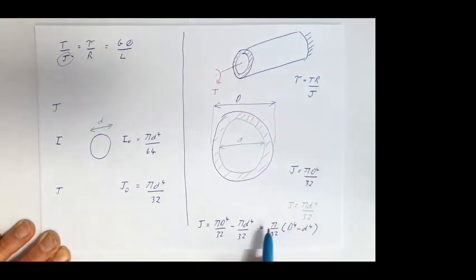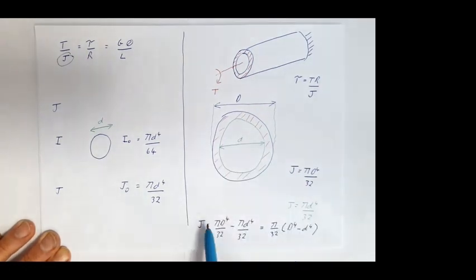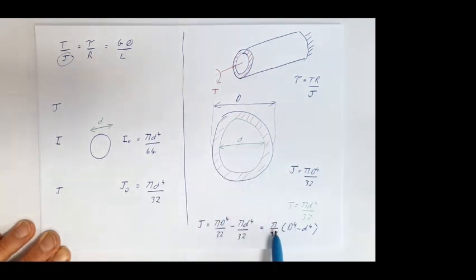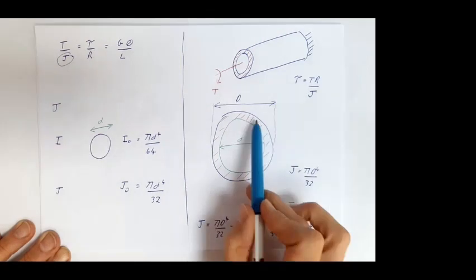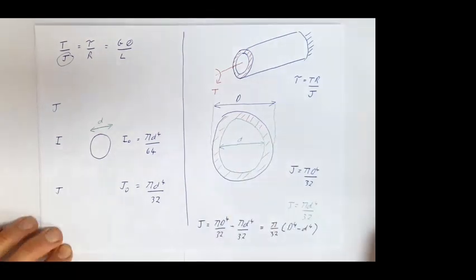So often we'll use the principle of superposition and simply say this: if we want to work out the second moment of area for our shaft, let's take the outside diameter, raise it to the power of 4, subtract the inside diameter raised to the power of 4, times it by pi over 32, and that's going to give us this red shaded region here, the difference. That's the principle of superposition.